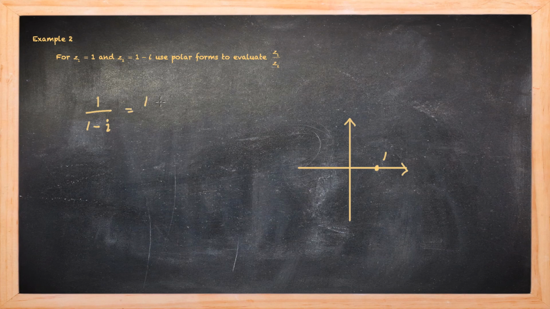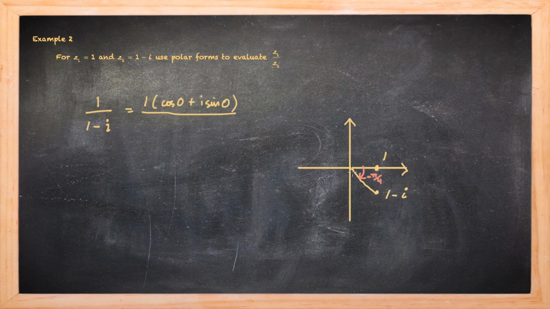So that's 1 times cos 0 plus i sin 0. And let's look for 1 minus i. Well, it's down there. And its argument would be negative pi upon 4.